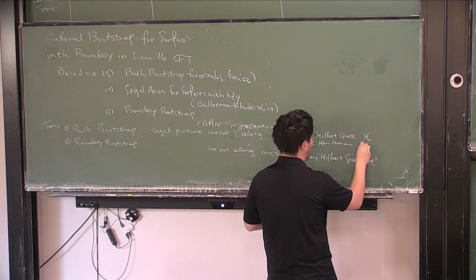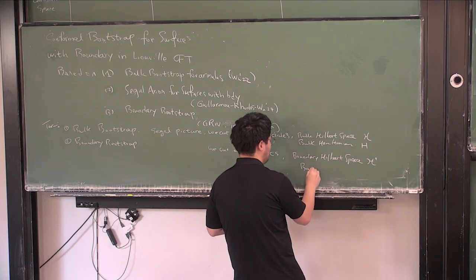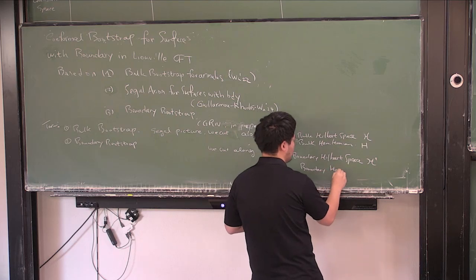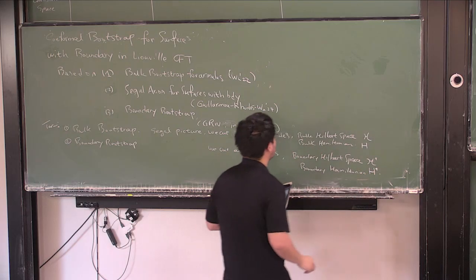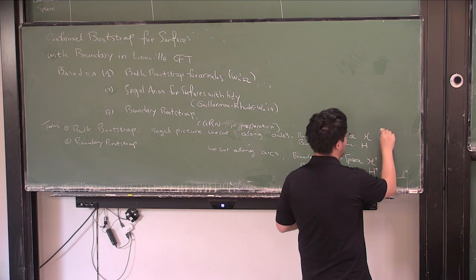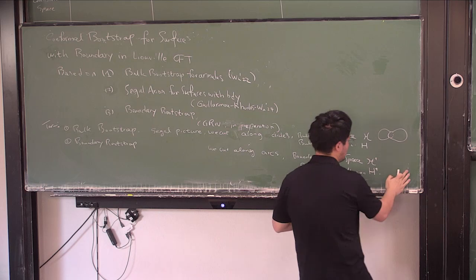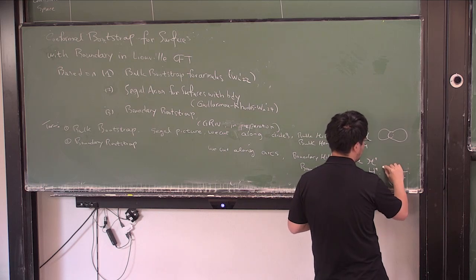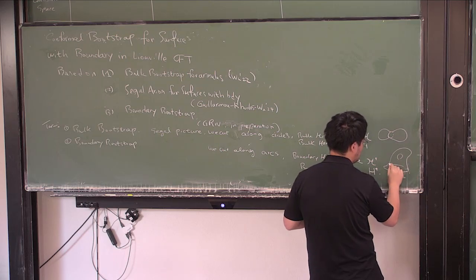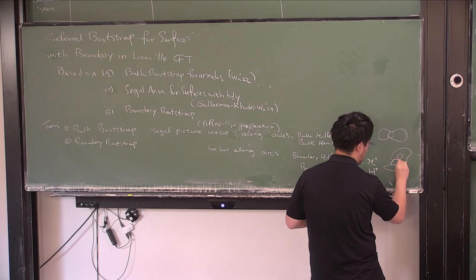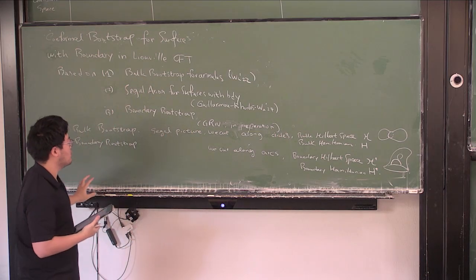For the bulk Hamiltonian, I use H, and the boundary Hamiltonian. So pictorially, this corresponds to cutting along circles, and this corresponds to cutting along arcs. Okay, this is just some terminology of the bulk bootstrap and boundary bootstrap.